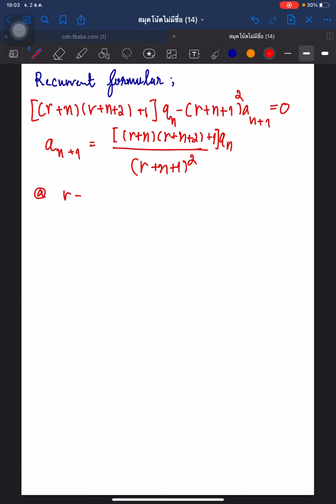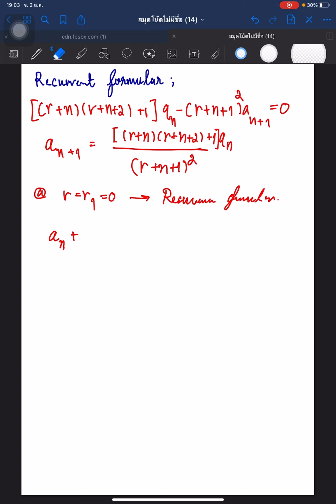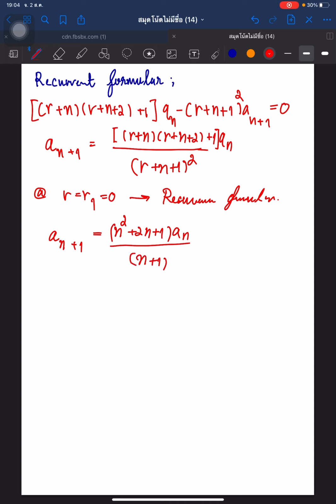At r equal r1 equal 0, we get the recurrence formula: a n plus 1 equals n squared plus 2n plus 1 a n over n plus 1 squared, beginning n equals 0, 1 and 2 to the infinity, and a n plus 1 equal a n.